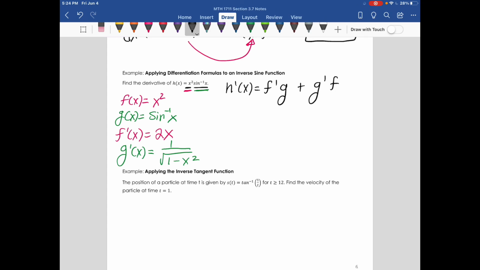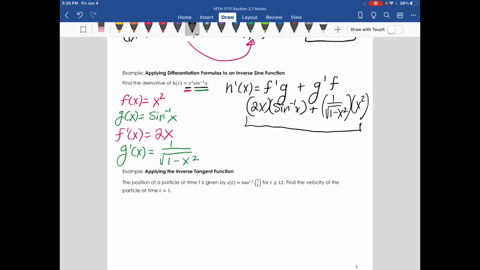So now, using the product rule to find the derivative of h of x, I have the derivative of f times g plus the derivative of g times f. So f prime is 2x, and g is inverse sine, plus the derivative of g, which is 1 over the square root of 1 minus x squared, times f of x, which is x squared.